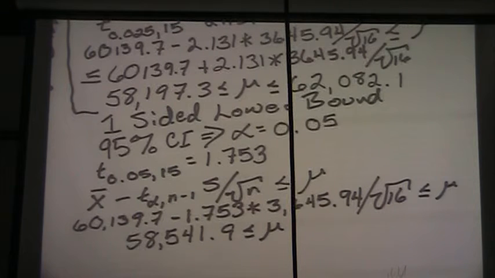All right, so using a one-sided confidence interval, we say that we are 95% confident that a tire will last at least, on average, 58,541.9 kilometers. Now, if we're worried about having our average be above 55,000 kilometers, man, we're golden. We're there.